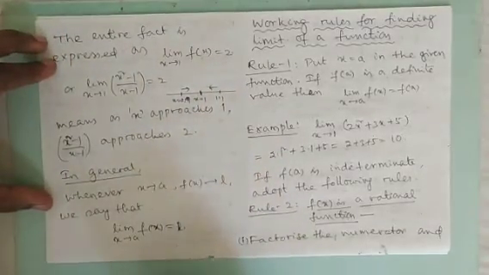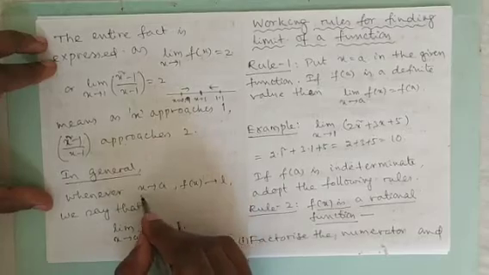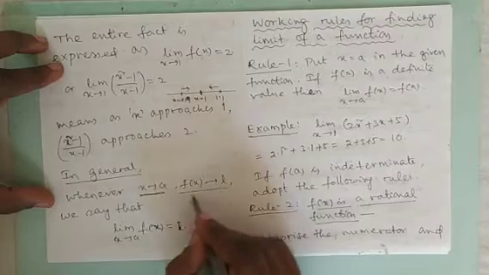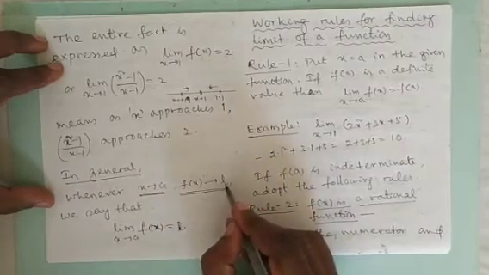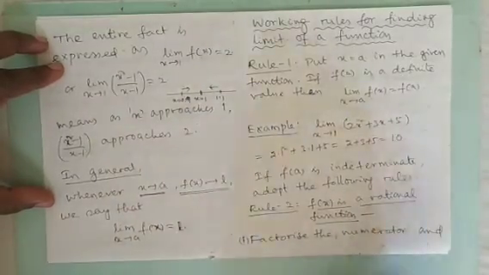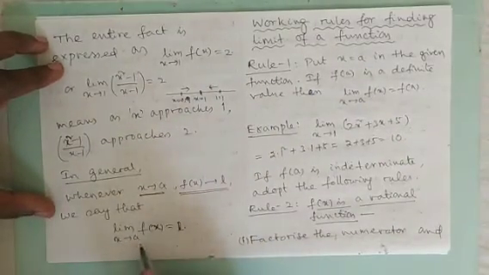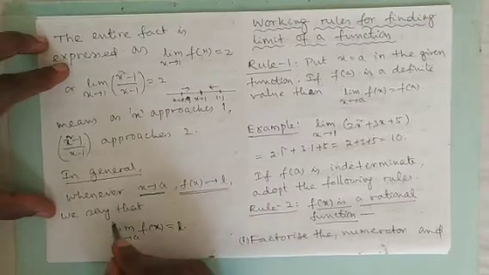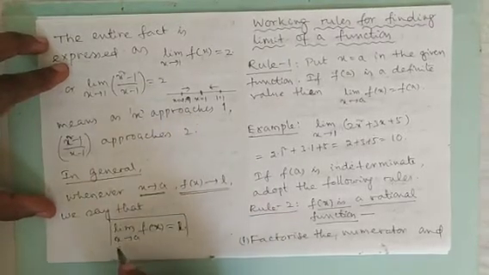In general, whenever x approaches a particular value a and f(x) approaches a particular value L from either side, from the left hand side and also from the right hand side, we say that limit x tends to a of f(x) is equal to L. So this is called the limit of a function.